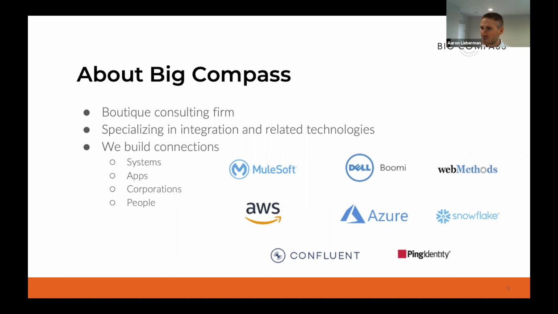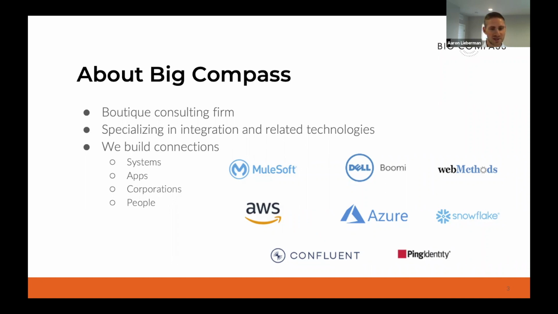Big Compass, we're a boutique IT consulting firm specializing in integrations. You're going to hear integrations a lot today. This is the All Things Integration Meetup, so we always want to put everything that we're talking about in the context of integrations and related technologies. So that might be the Web Methods and the MuleSofts and the Boomis of the world. It might also mean delivering a serverless integration on AWS. That's a custom integration.